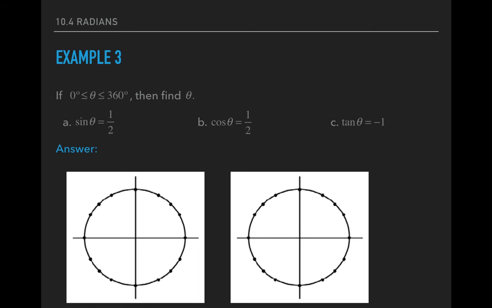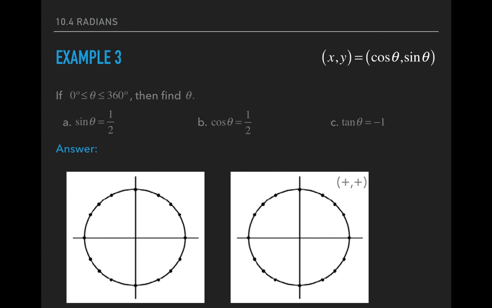All right, now last example here that I want to work with you guys. Let's say that we were given the trig ratio and now we want to find the angle measure. Well, it's really helpful to have an understanding of, in your quadrants, the x and y values, if they're positive or negative, so you know when you get positive or negative values what quadrant you're working with.